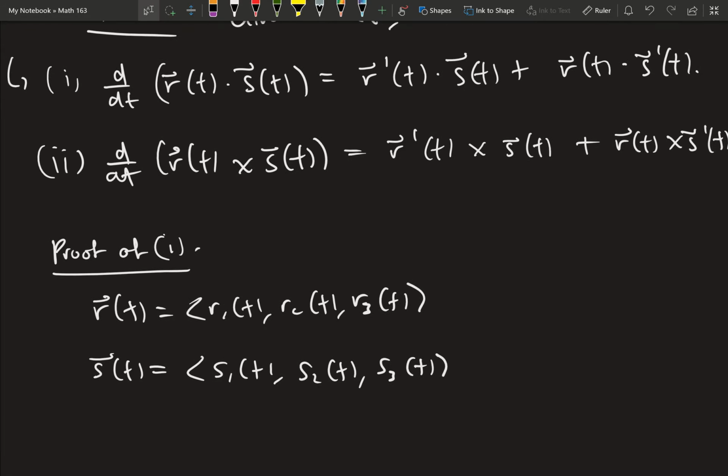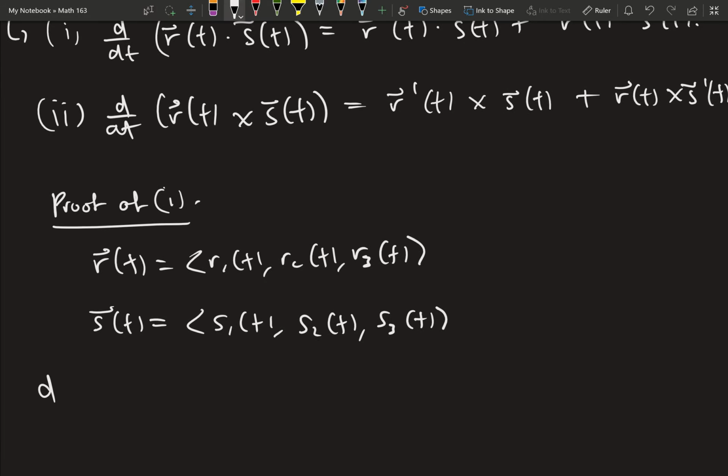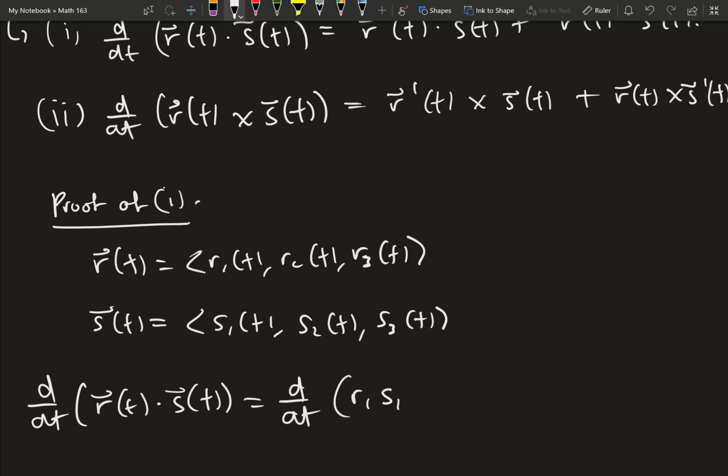And we want to take the derivative of the dot product. So that's the derivative of r of t dot s of t. That's the derivative of, I'm going to call it r1 s1 for shorthand, plus r2 s2 plus r3 s3.